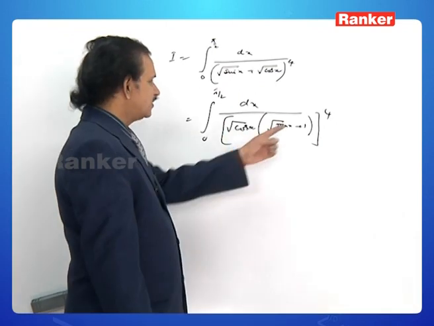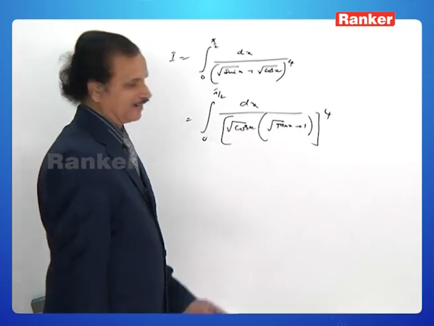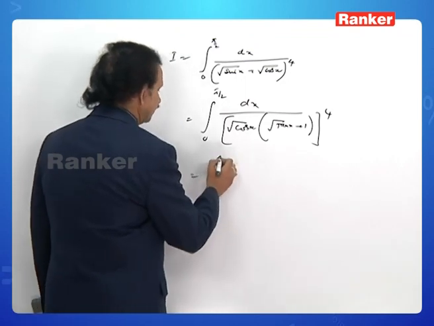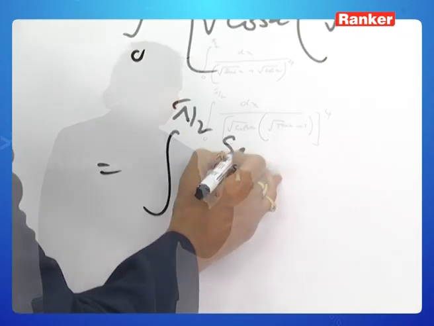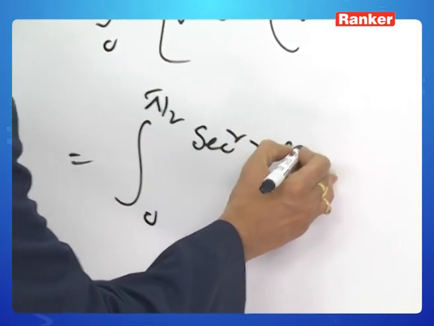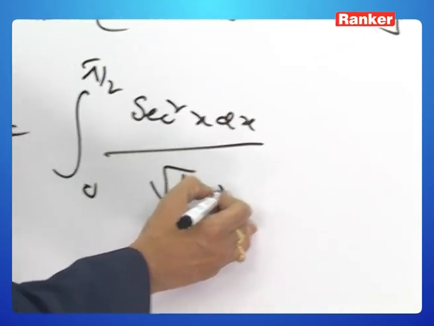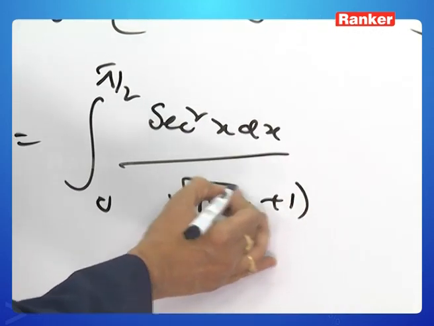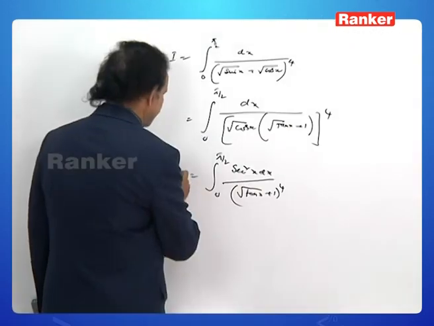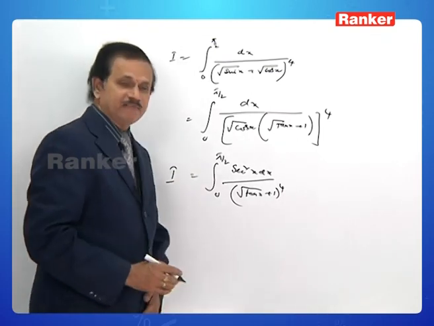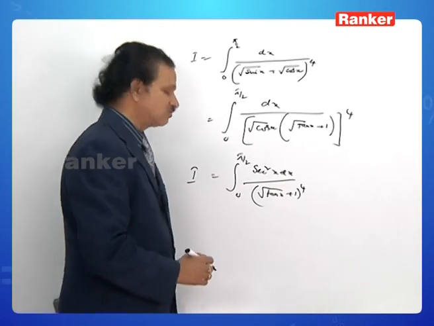And you see, root cos x whole power 4, what is that? Cos square x. If it goes to the numerator, is nothing but integral 0 to pi by 2 secant square x dx by root tan x plus 1 whole to the power of 4. This is your I. Now, everything is very, very clear before us.